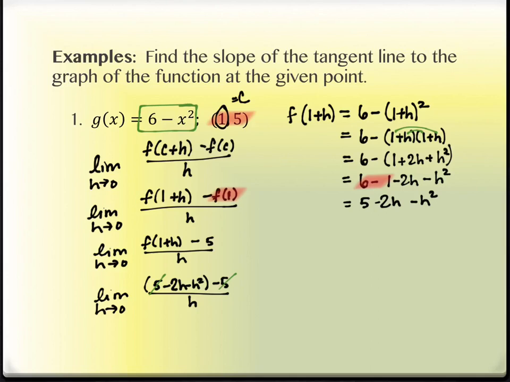And everything in the numerator has an h in it. So I'm going to do one step that you may not need to see, but I'll do it for now anyway. What I'm truly doing is I'm factoring h out of the numerator, which leaves me with negative 2 minus h, divided by h, which allows me to cancel those two h's. We worked with limits in the last section.